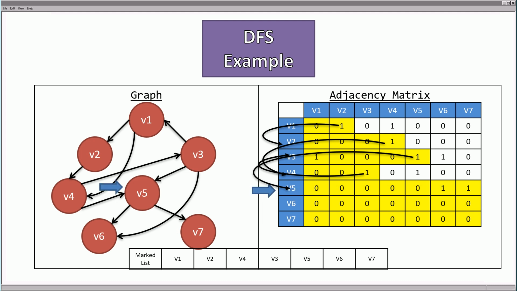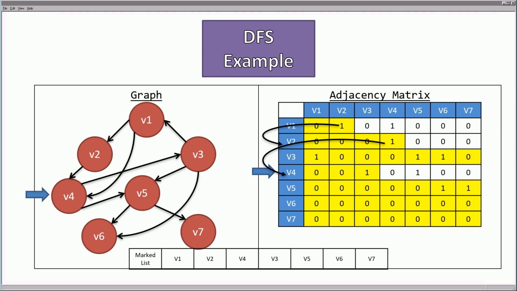Now we've exhausted all of the edges from v5, so now we have to backtrack again, this time to v3. Now starting back from v3, we check v6. v6 is already in our marked list. There is no outgoing edge connecting v3 to v7, so now we're done with v3, so we backtrack to v4.